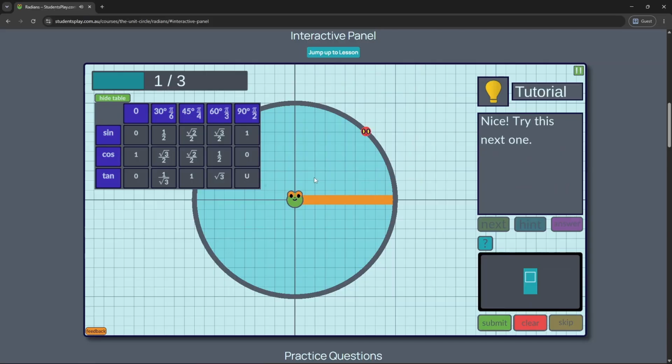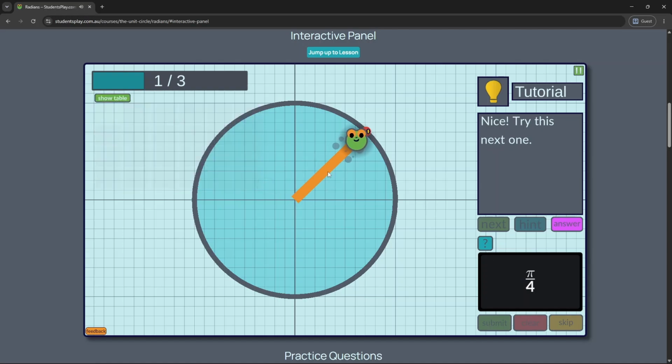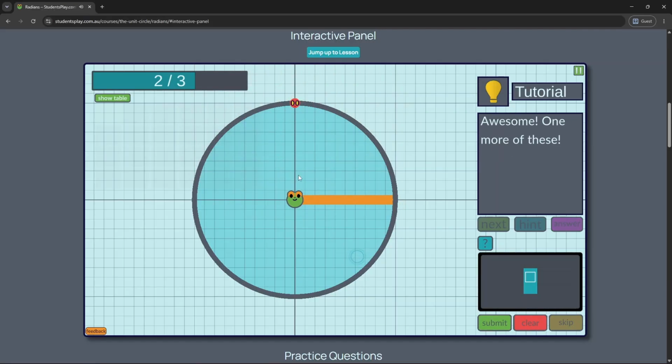This looks like halfway, which is 45 degrees, so that's pi on 4. And if we're just thinking about radians and not even thinking about degrees at all, pi is all the way over here, and this is a quarter of the way over to pi. So pi on 4 makes sense. Let's get one more of these. Let's think of it like there's pi, and that's halfway to pi. So pi on 2.